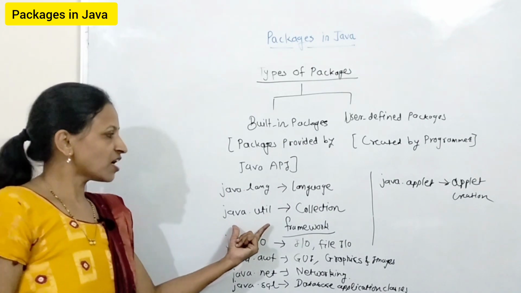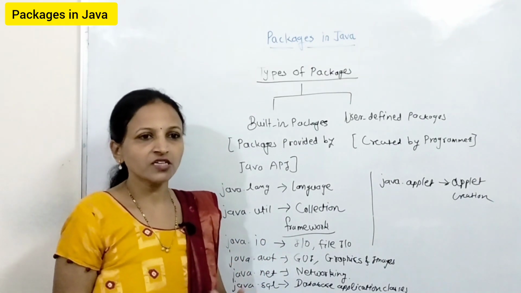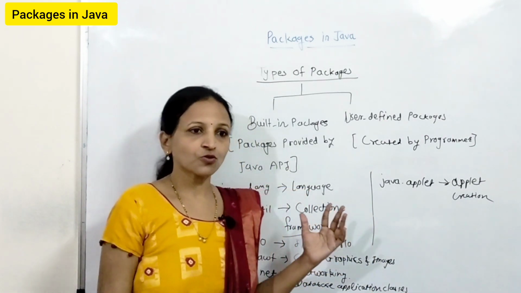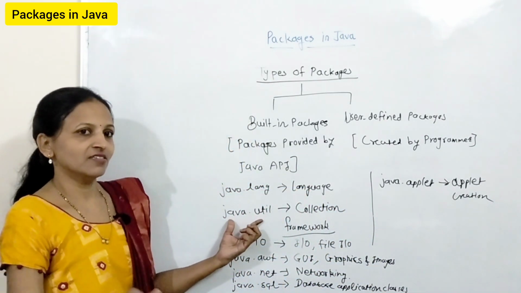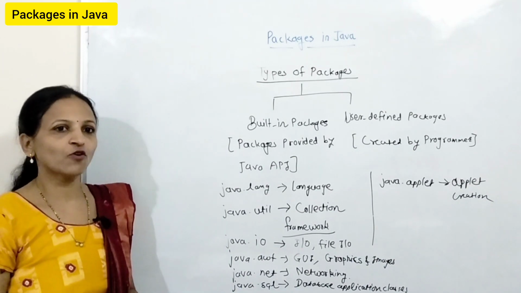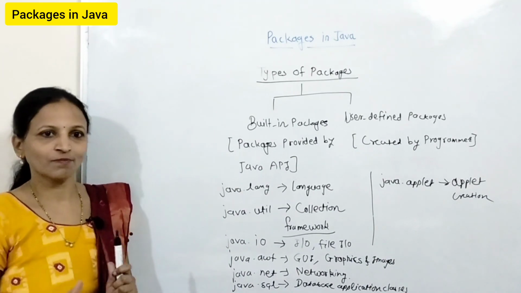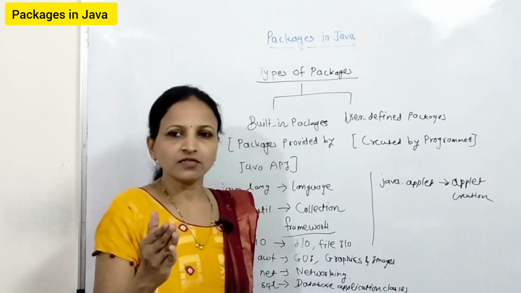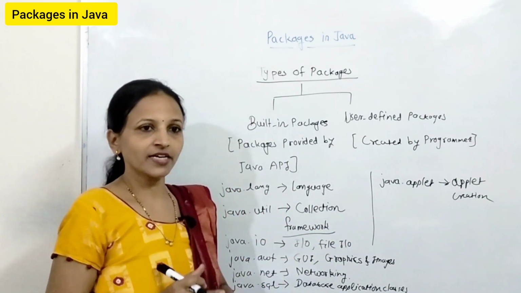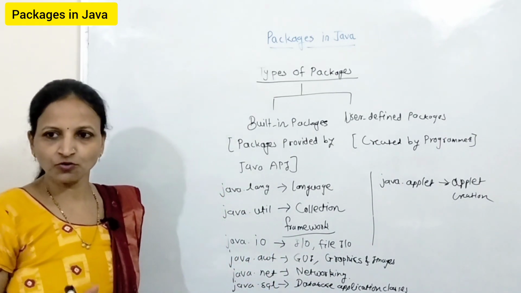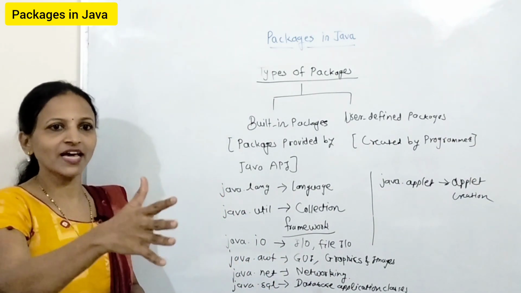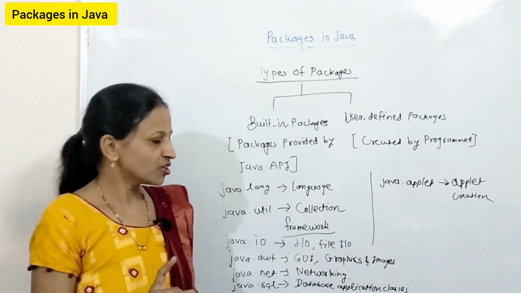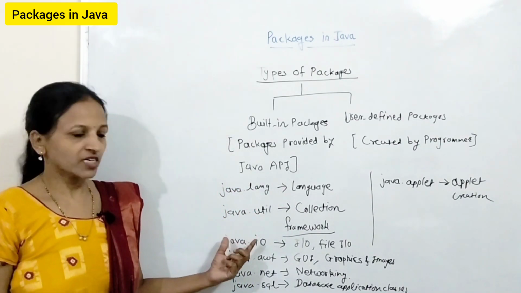Next, the java.util package supports collection frameworks like ArrayList and LinkedList. It also provides some utilities, like date manipulation. If you want to create collection related applications, for example ArrayList, or achieve random number generation, then you can use this java.util package.